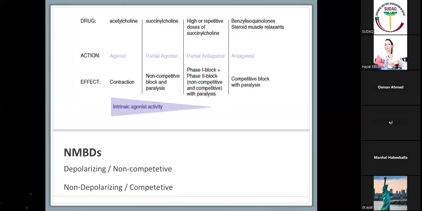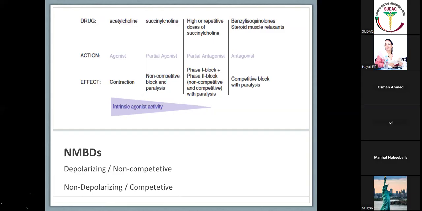And binding to one will induce either agonistic, partial agonistic, or antagonistic activity. Okay, so acetylcholine is the natural transmitter at the neuromuscular junction, and this is the natural agonist. And obviously, the effect of it will be to induce contraction.